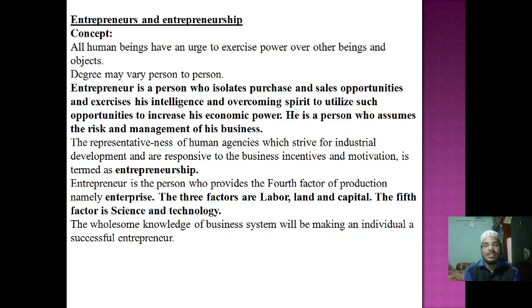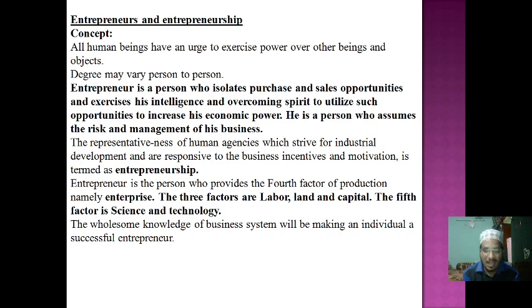We tell these things to our workers, and then workers make a good spirit, and they are developing the fourth factor of production, namely enterprise.